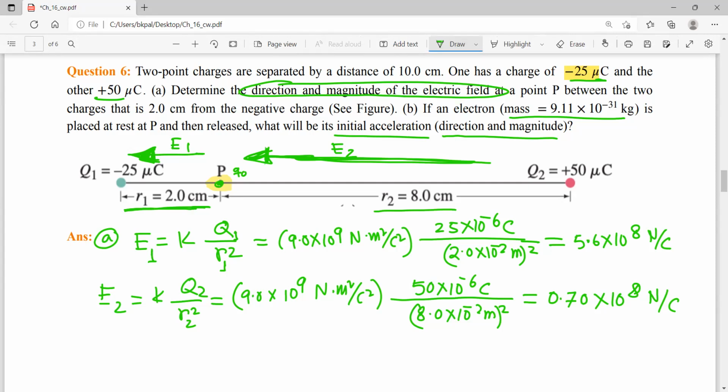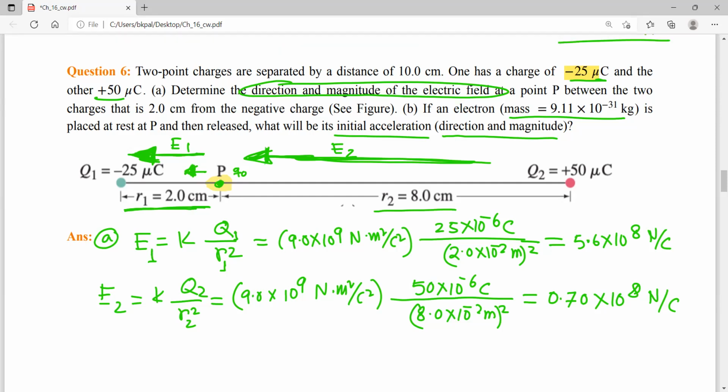For q2 it will also move in this direction because q0 is a positive charge. For q2 it will move to the left, and for q1 it also moves to the left.